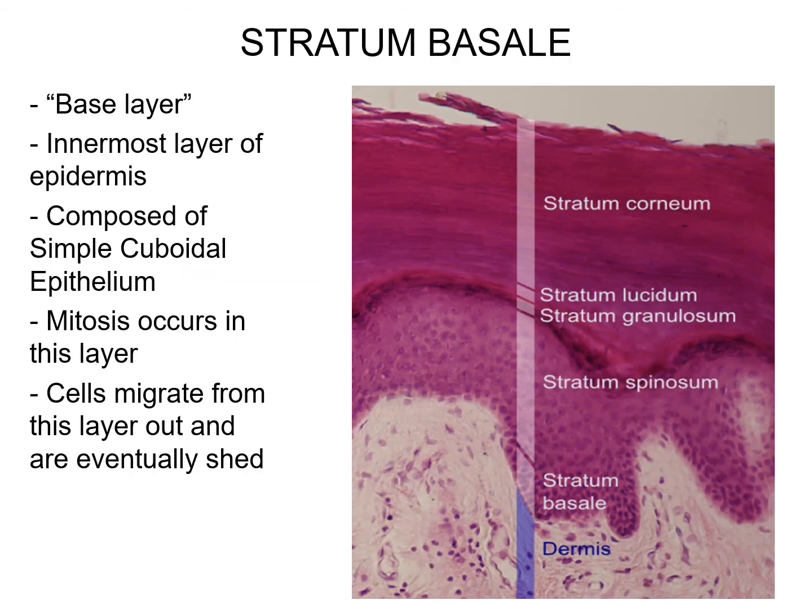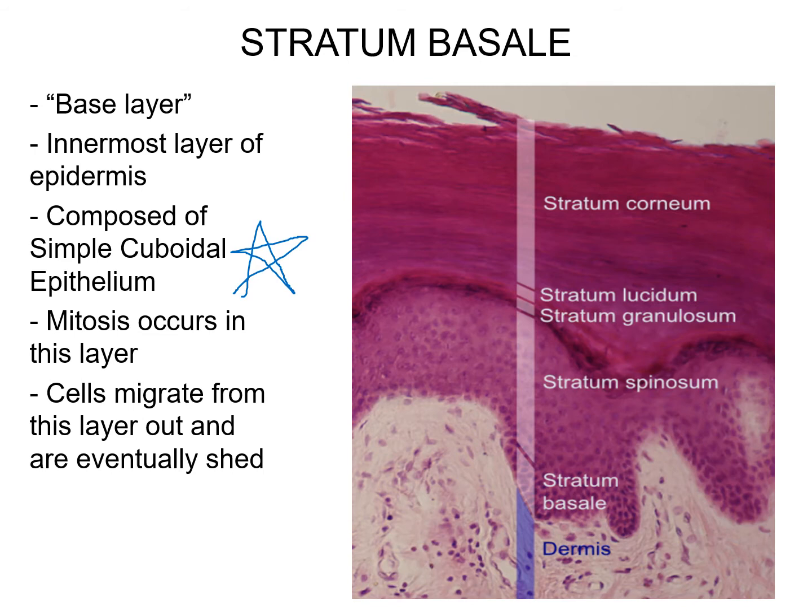Then we have the stratum basale. So this is the very last part, the deepest part of the epidermis. As soon as you go underneath the stratum basale, you are officially in the dermis. And it is made up of a different type of epithelial tissue, as I pointed out earlier. So 90, 95, 99, whatever percent you want to use, by far the majority of your epidermis is stratified squamous.